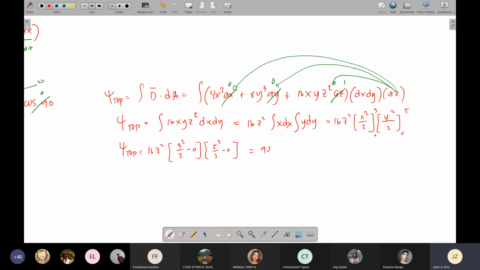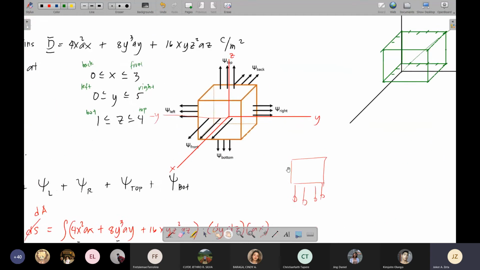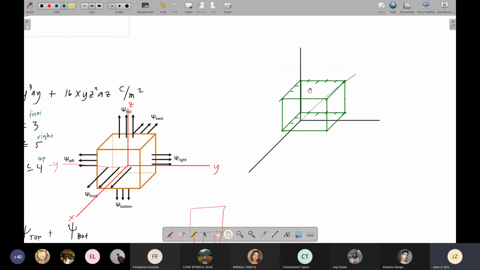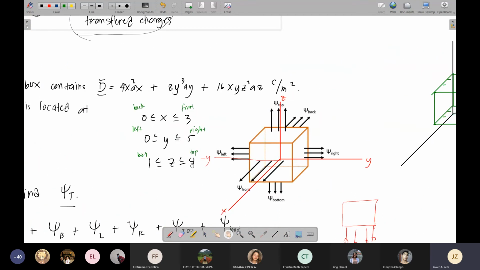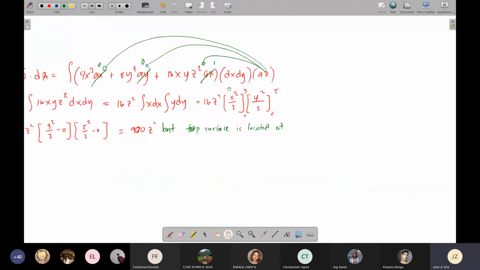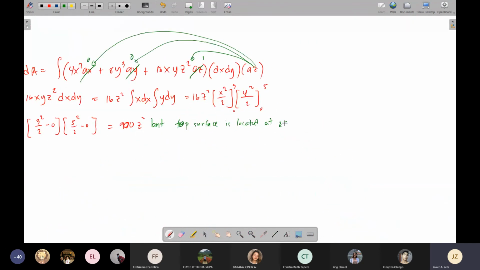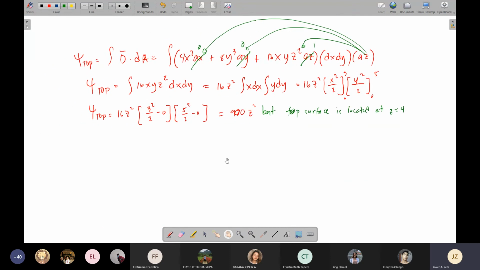So this is 900 z squared. But the top surface, which is this part here, let's look at the limits. The top surface is located at z equals 4. So this becomes the flux on the top.